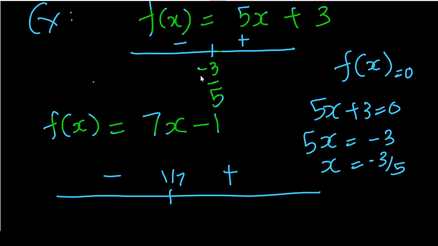So for various linear factors we get a point on the number line at which it vanishes. On the right side of that point, all values of x, if substituted in f(x), will make f(x) positive, and all values on the left side will make f(x) negative, in 1 by 7 as well as in minus 3 by 5.